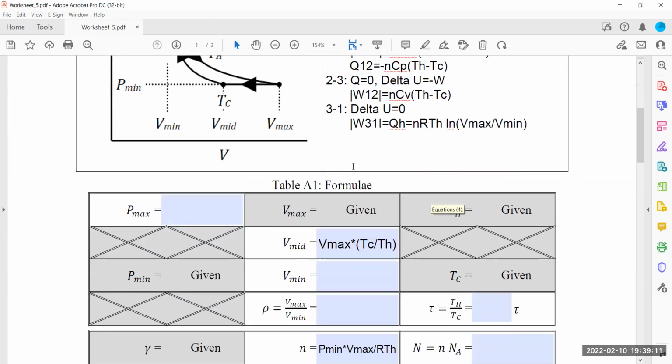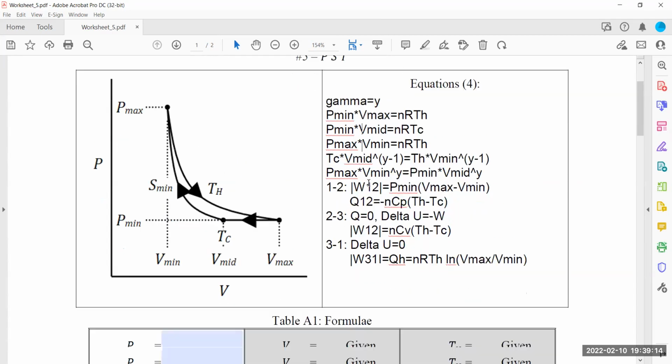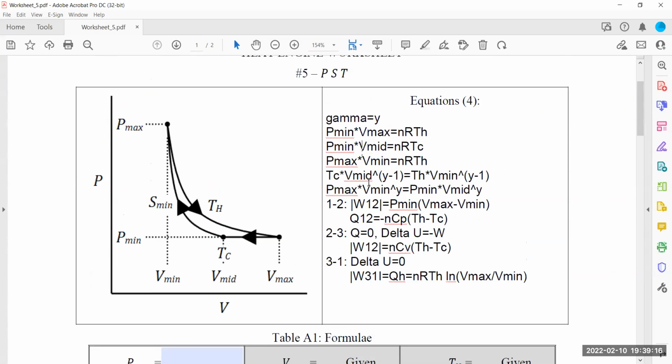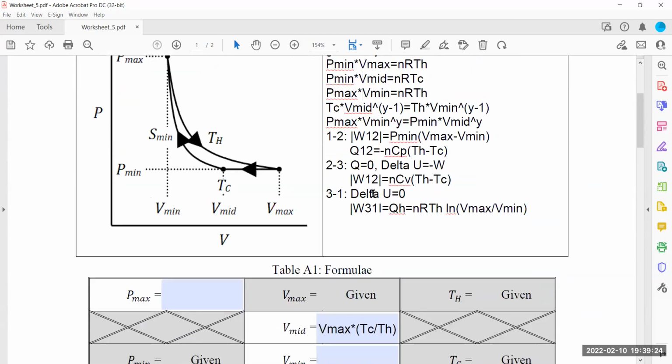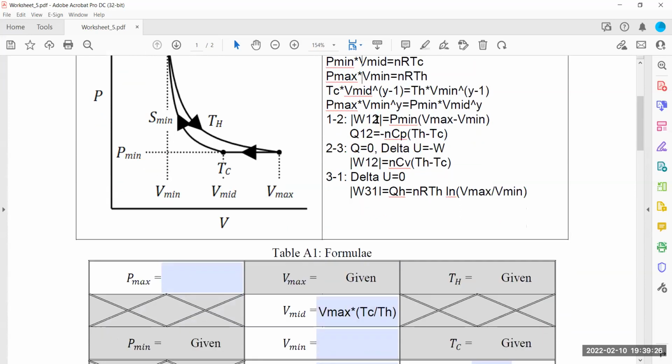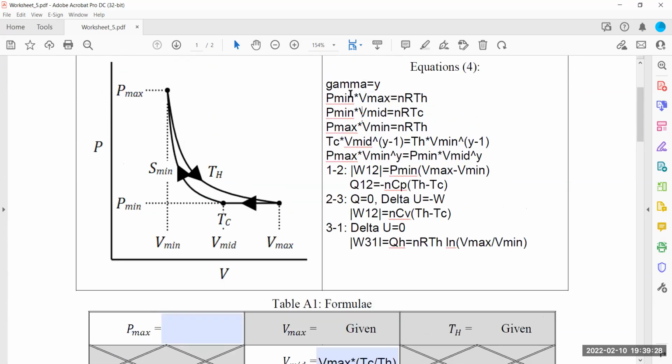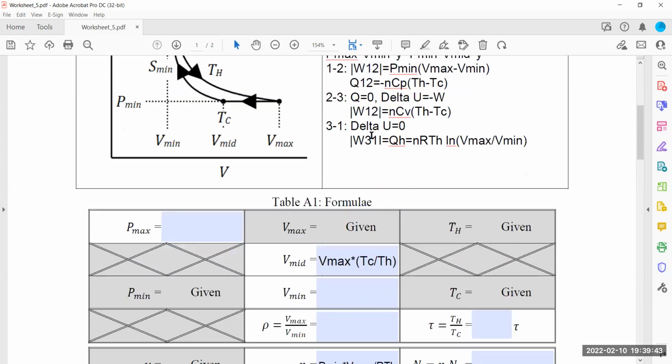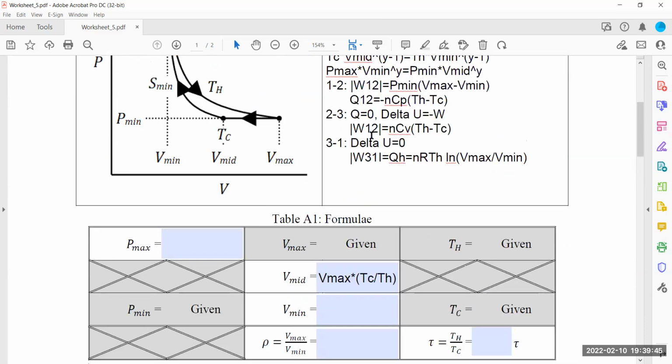Okay, this equation in here, the third one and the first one. We have V max, we have P min. We don't have P max, we have V min, and both of them are equal to nRT_H. So in this case, it's going to give me straight P max equals P min times V max over V min. But I don't know what V min is.